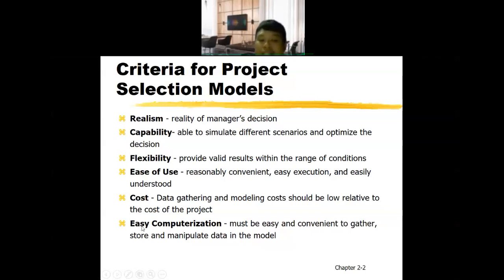Computerization you will learn in module 2, which is Microsoft Office. So the project selection model needs to consider six criteria: realism, capability, flexibility, ease of use, cost, and easy computerization.